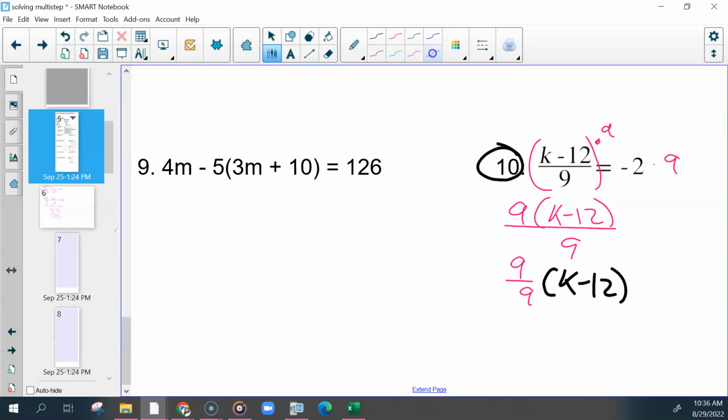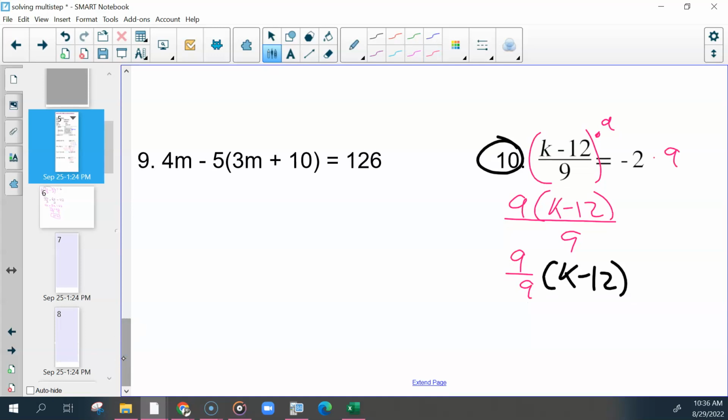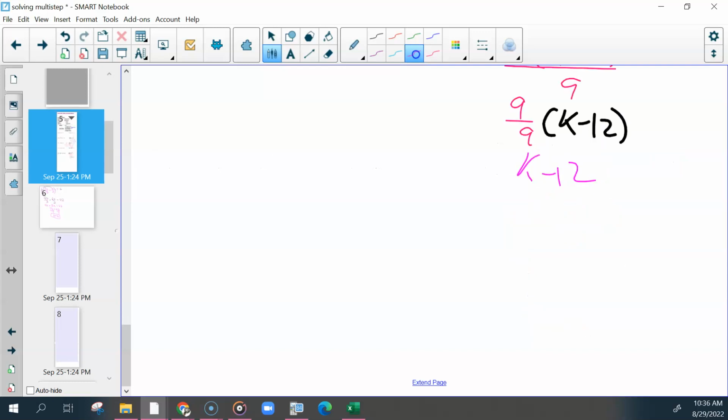Because then my 9/9 simplifies, and I don't have to distribute and then simplify. So this would go away, that would become 1, and I would be just left with k minus 12 to write this part. Equals negative.